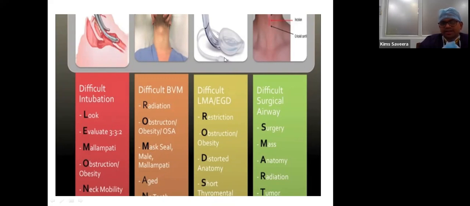And difficult LMA or extraglottic airway device, then it is RODS: restriction, obstruction, distortion of anatomy or shorter thyromental distance. Then difficult surgical airway like cricothyrotomy or tracheostomy is SMART: previous surgeries, mass, anatomy, different anatomy or radiation and tumor.